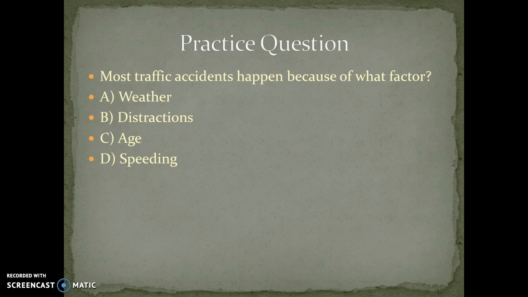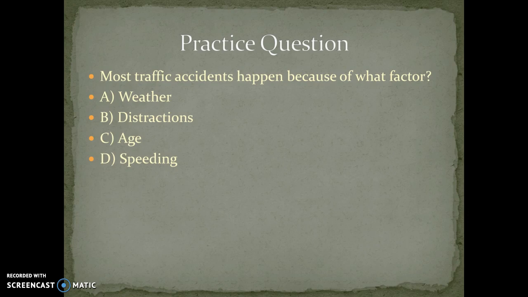All right, so how about this one? Most traffic accidents happen because of what factor? Now here we go, that qualifier, right? So if this particular one had an all of the above or none of the above, that would not be a good option here because it has that qualifier most. So we're looking for one of these that is the most.